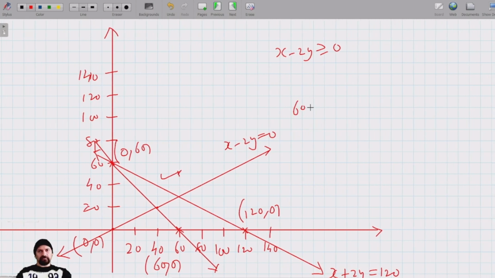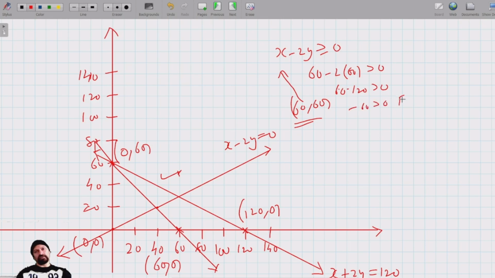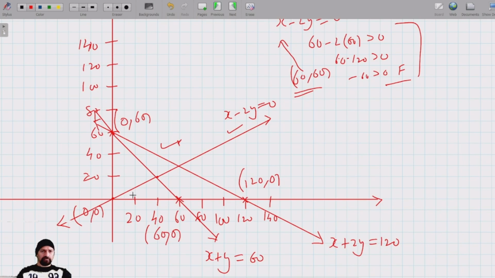Checking this gives 60 minus 2 into 60 is greater than or equal to 0, which is minus 60 is greater than 0, which is false. So the solution region for this is towards the downward side, for the first it's towards the origin, and for the second it's away from the origin. So we have our solution region. This is our feasible region.